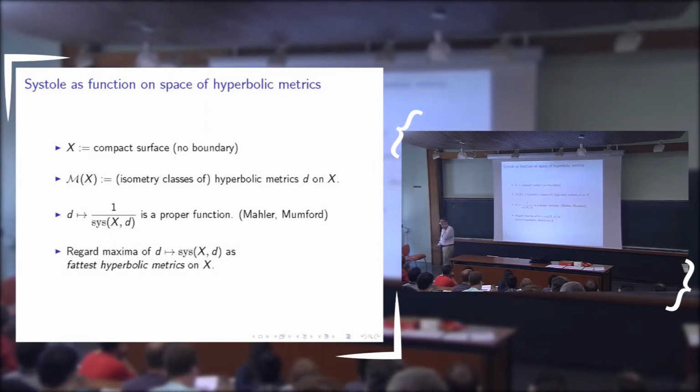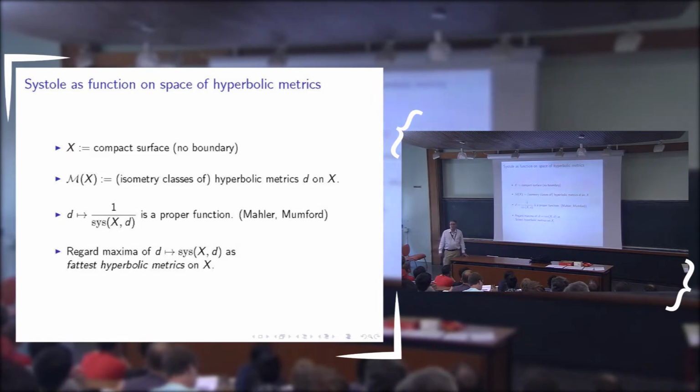And we'd like to look at the other extreme where the 1 over sys of X is actually minimized. That is, that sys of X is maximized. So we want to look at the maximum systolic ratio over the moduli space. You can think of these as the fattest metrics. Right? It's a notion of fatness. So we're looking for the fattest metrics, if that's a PC term, or I don't know.